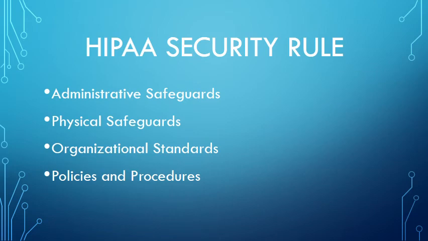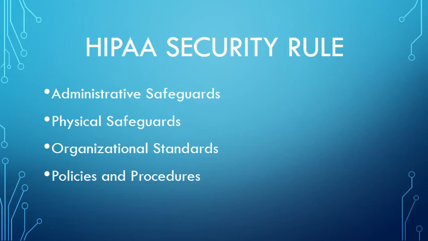The standards provide the specific criteria that are required for the agreements. Finally, are agency policies and procedures, which require the provider to adopt reasonable and appropriate policies and procedures to comply with the provisions of the security rule.